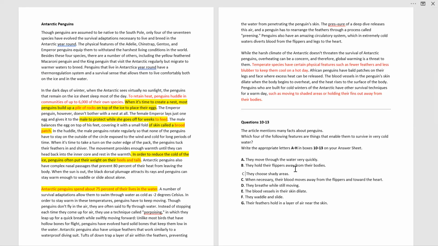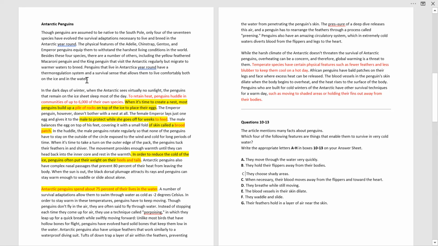So their feathers hold in a layer of air near the skin, and we have read this here when they were talking about penguins who are built for the cold winter, and for a warm day, such as moving, holding their fins away from their bodies.